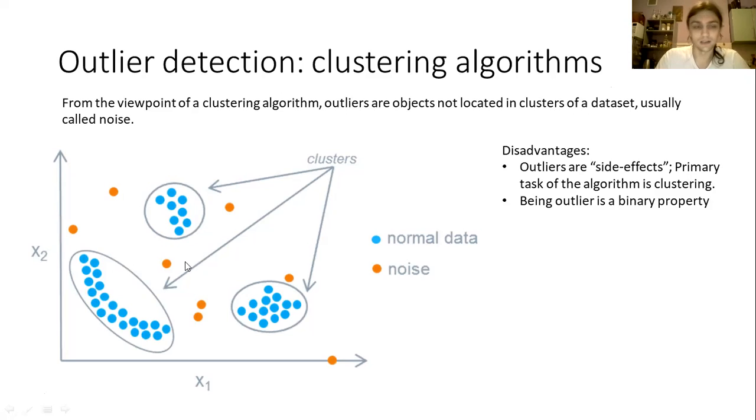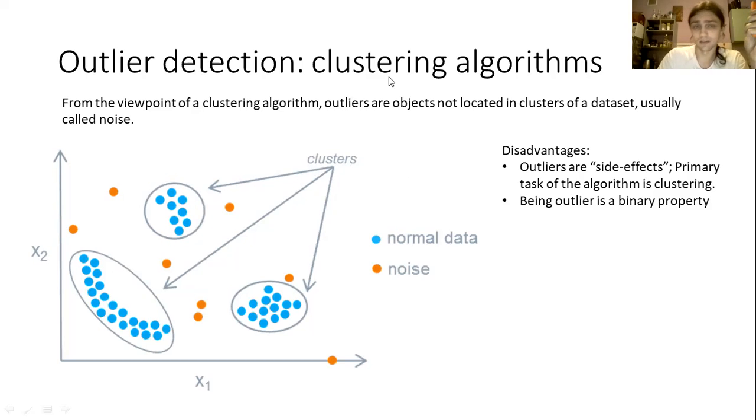How? These are three sets of points, which are called clusters, and some abnormal data, the yellow points, is called noise in the clustering algorithms language.